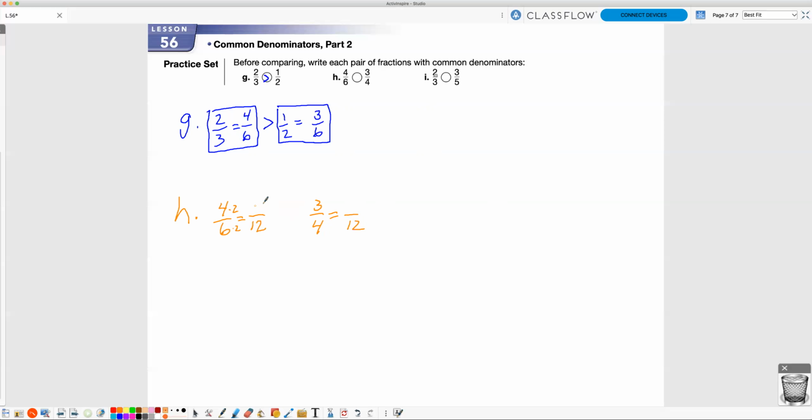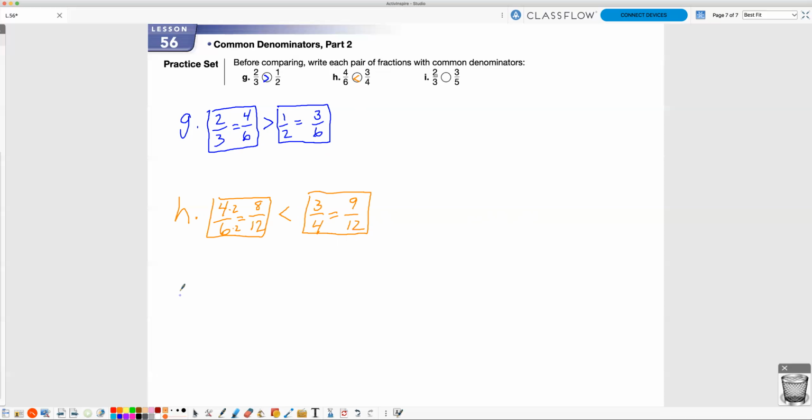So 4 times 2 gets me to 8. So that means that one would be 8. This would be times 3. This one also be times 3. So I'd have 9 there. Okay, so I have 8/12 compared to 9/12. Hopefully you can see that 8/12 is less than 9/12. Therefore, 4/6 is less than 3/4 because I just kept them in that same order.